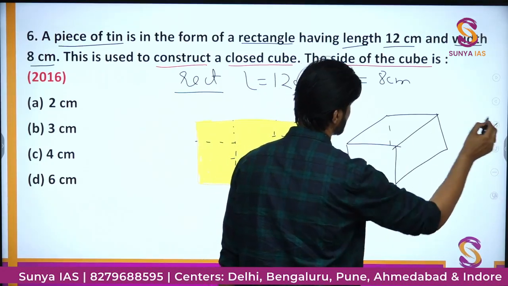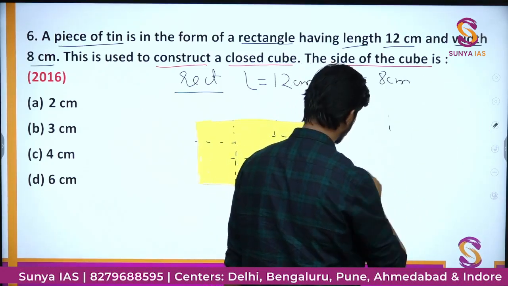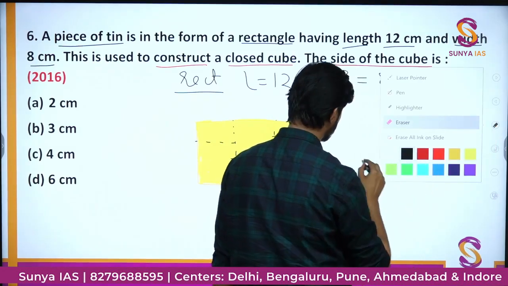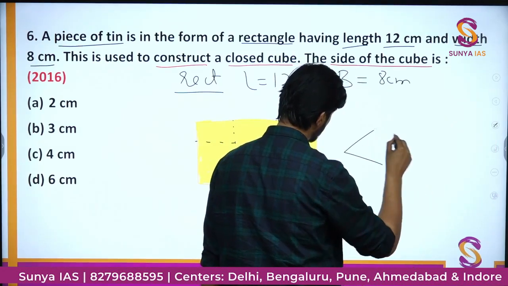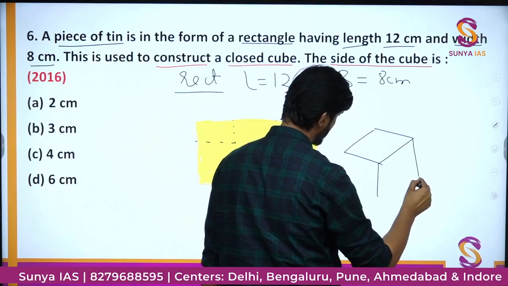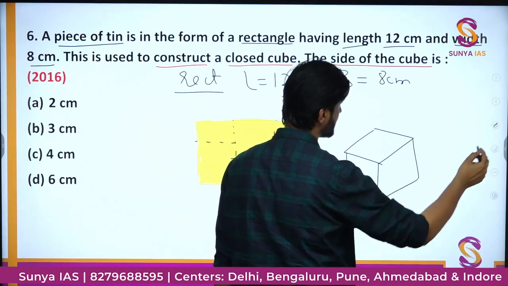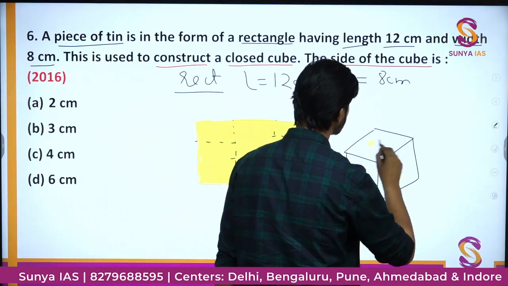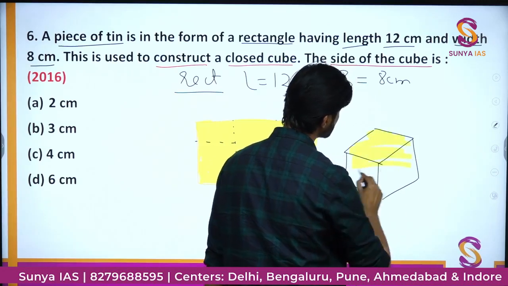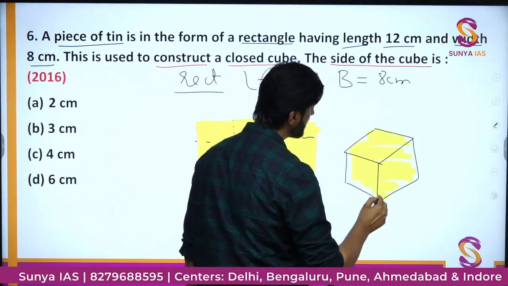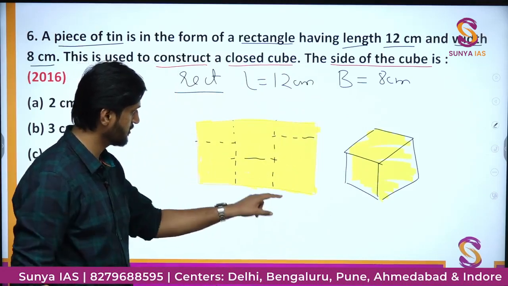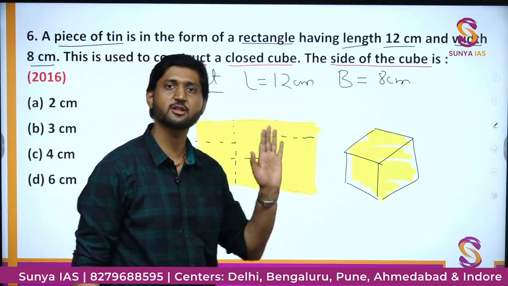I know this is not so good looking, so let me draw another simple, sober cube. This is more like it. What we are doing is simply using the same tin plate and joining the cut portions to form a cube. That is the basic idea.